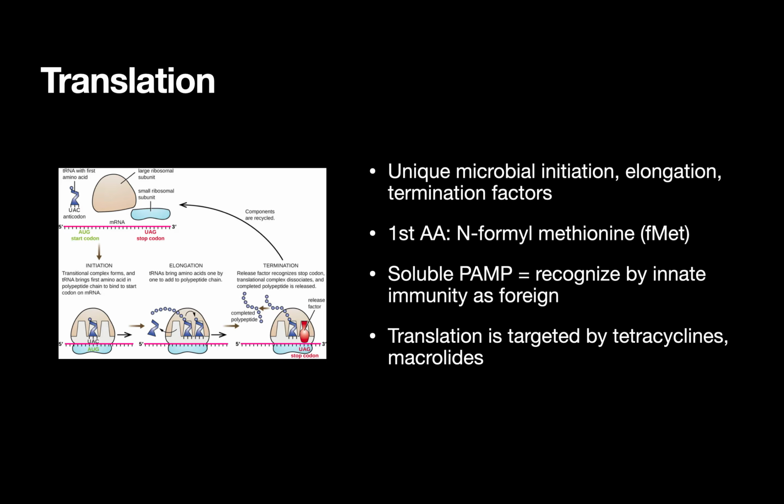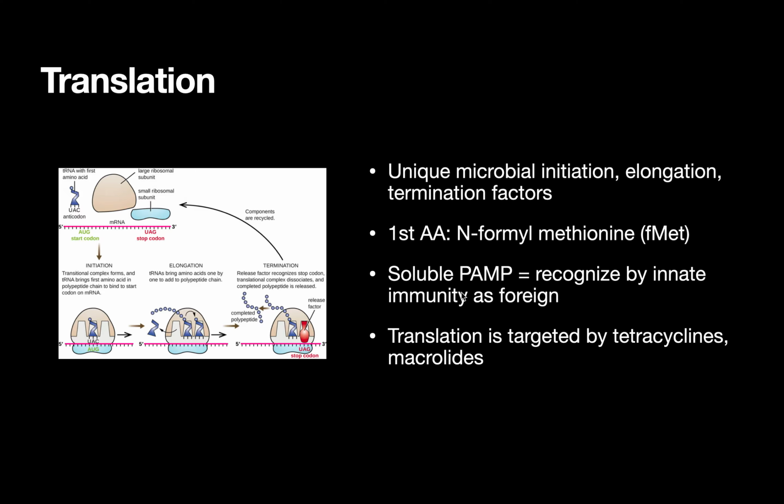In translation, there are unique microbial initiation, elongation, and termination factors. One of the first amino acids is going to be N-formylmethionine, or F-met, and that's going to code for the start of everything.